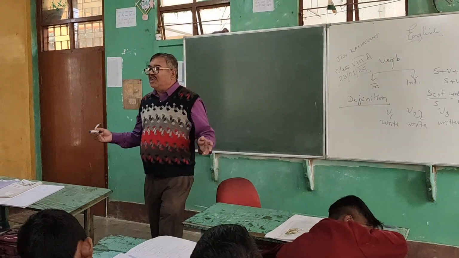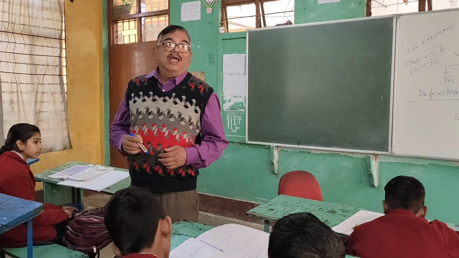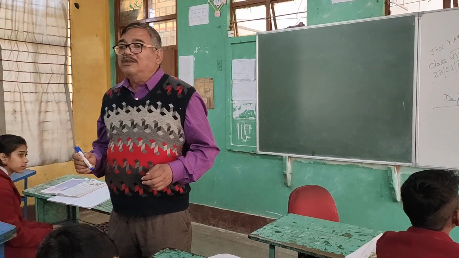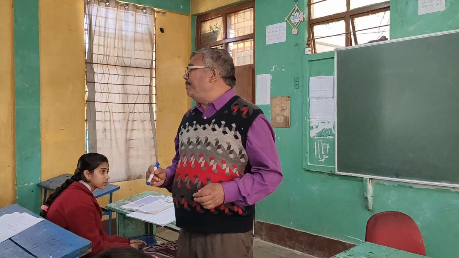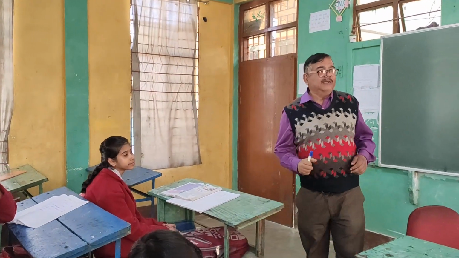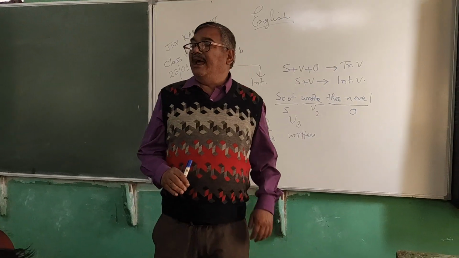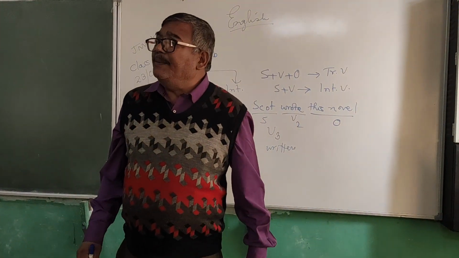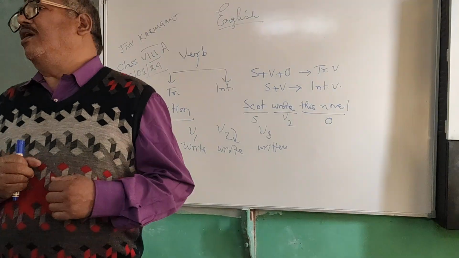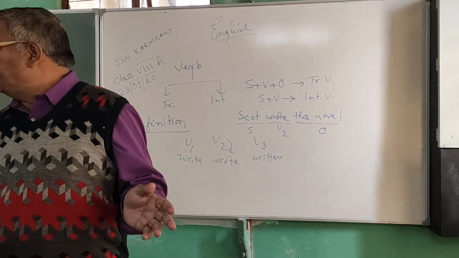So, in the teaching learning process, the students must be the active participator of education and not the passive recipient of education. Got it? So, the verb is in the active voice if the subject is doer of the action. And the verb is in the passive voice if the subject is not the doer of the action but the receiver of the action. Understood?